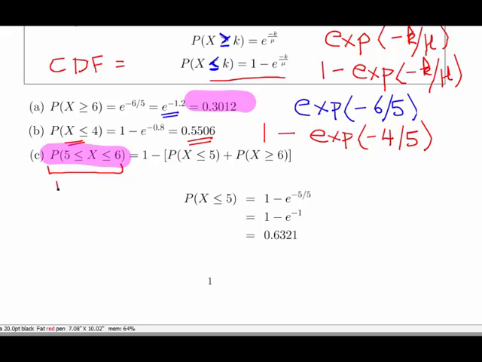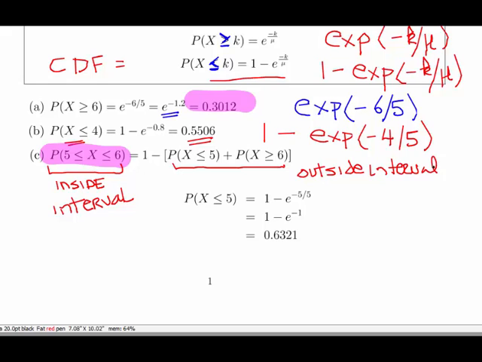So this is inside an interval, and this is the complement of that, which is outside the interval. This is a handy way of getting the hang of this sort of stuff. This is broken up into two parts.